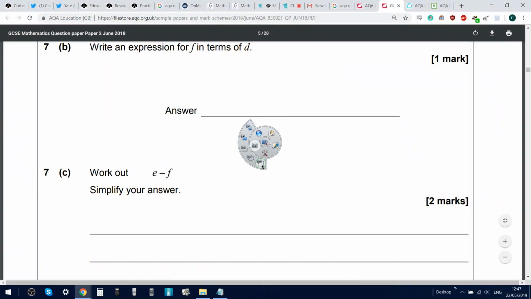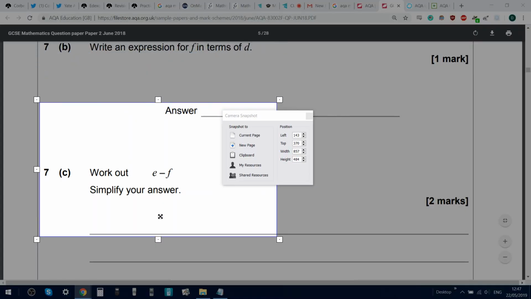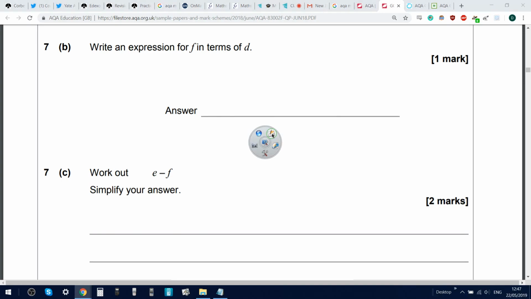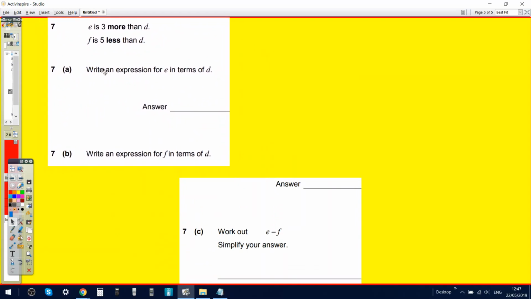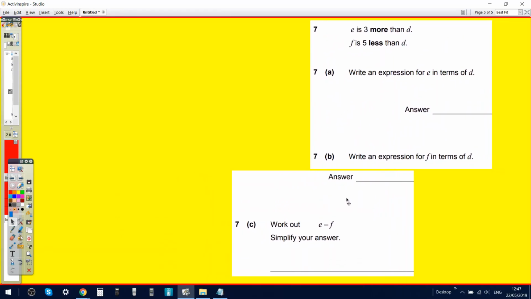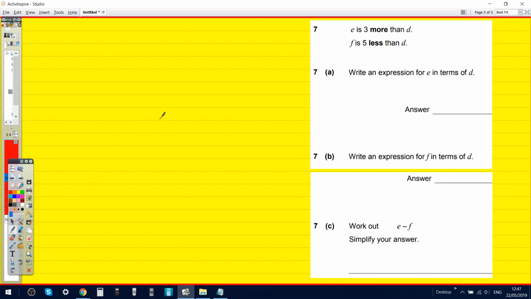E is 3 more than D. It's 5 less than D. It requires the expression in terms of D. So E is 3 more than D. So it's going to be D. It's not going to be D plus 3E, is it?